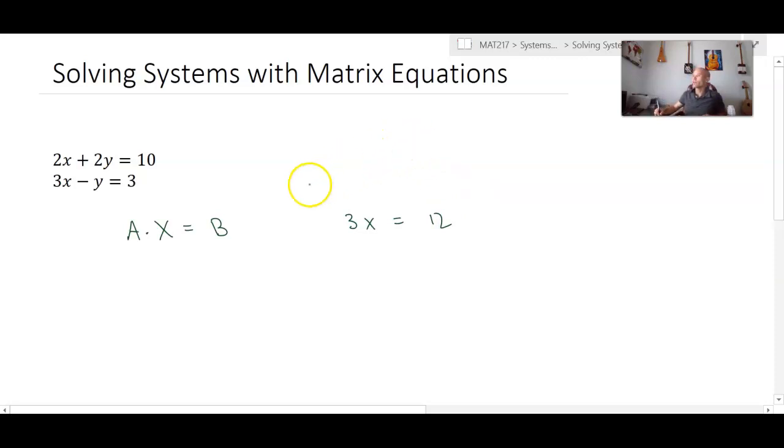Well, there's the first approach, which would say to solve this equation, you would divide both sides by 3. If we divided both sides by 3, we'd get 1x equals 12 divided by 3, which is 4. And so we get x is equal to 4.